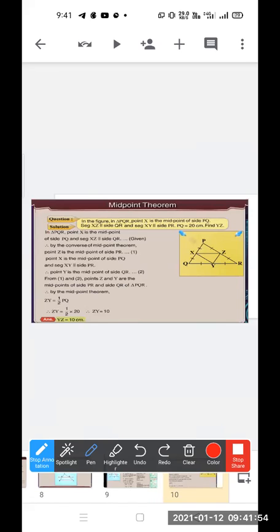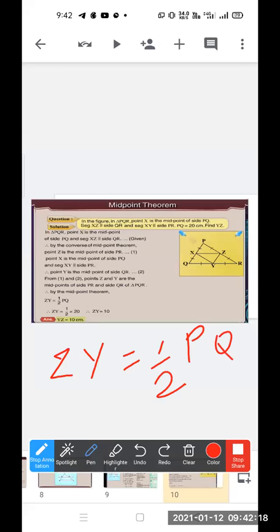Therefore, by the midpoint theorem, what do we have to find? We have to find YZ, or ZY, we can say. By the midpoint theorem, since YZ is parallel to PQ, therefore YZ is half of PQ.